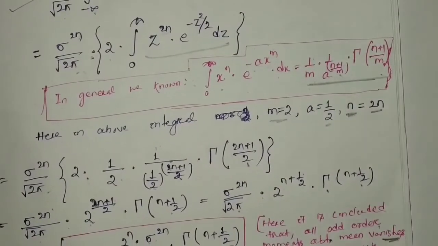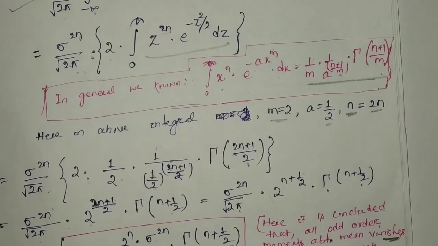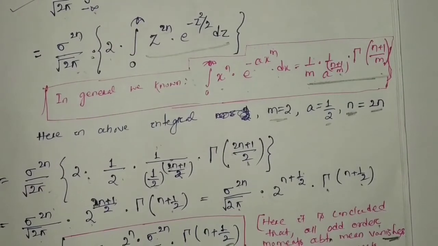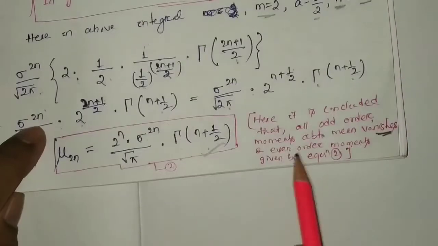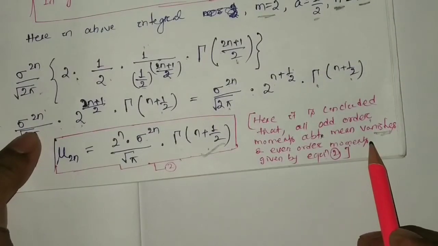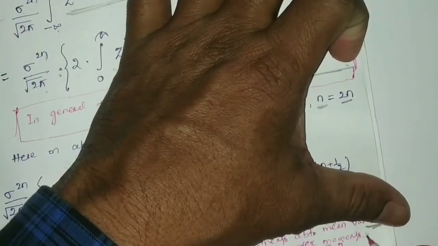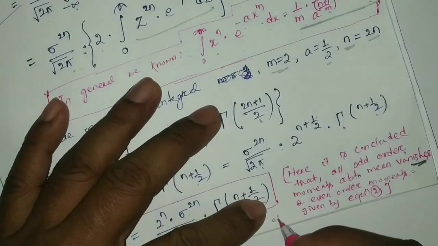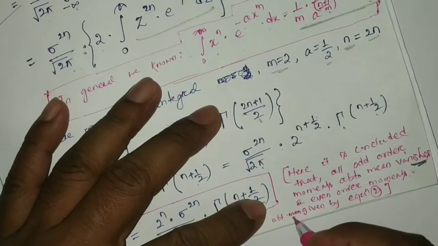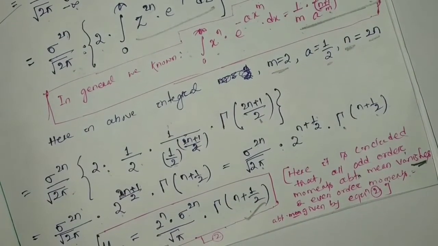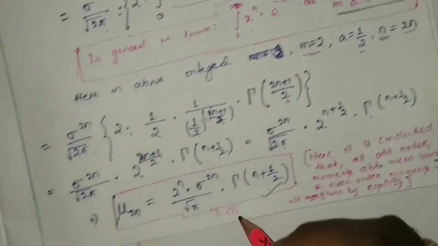and even order moments given by the equation 2. Okay, here even order moments about the mean I have not written. You have to write about mean, given by equation number 1, equation number 2.